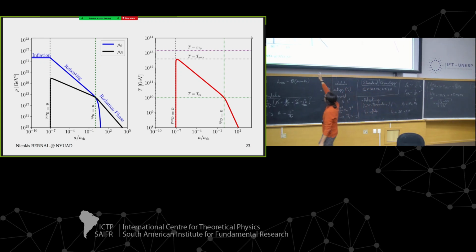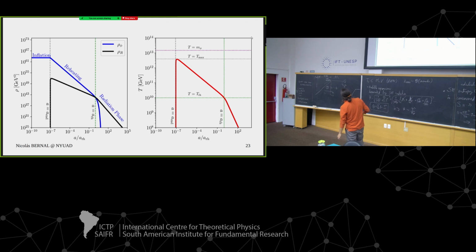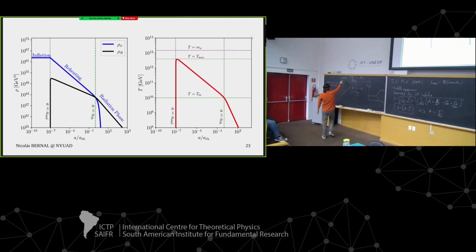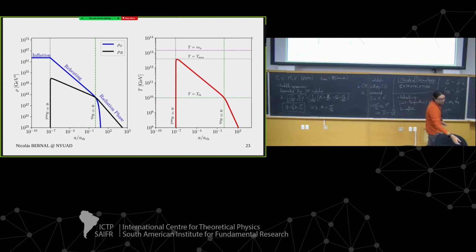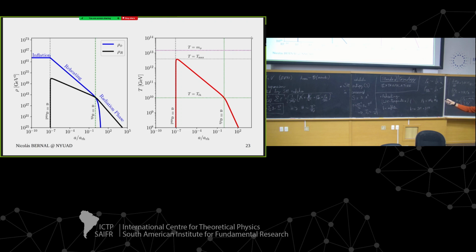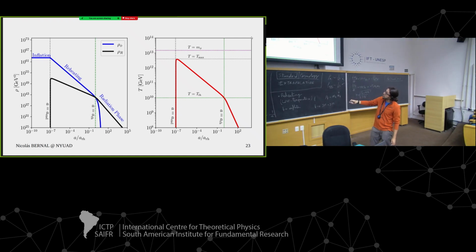So this plot here is, wait. Yes, okay, it's that I'm not multiplying by a to the 4. But it's basically the same. During inflation, the blue line on the left is the energy density during inflation. During reheating it starts to decay, and it decays injecting entropy into the standard model. So you start here from zero.